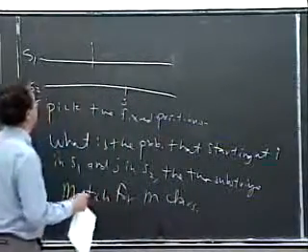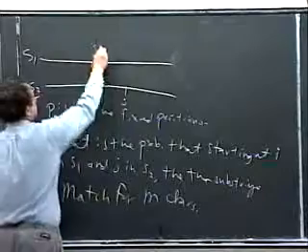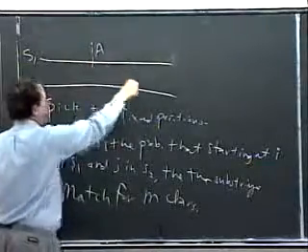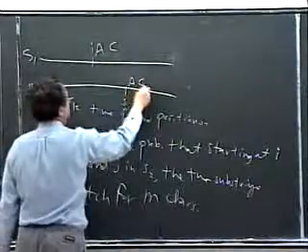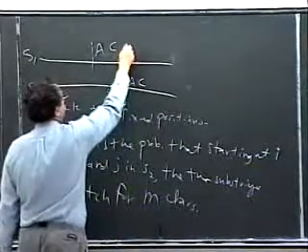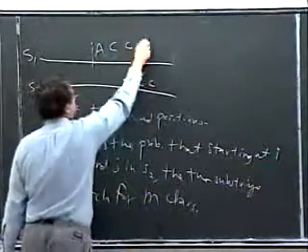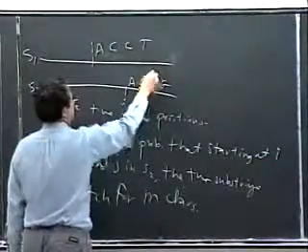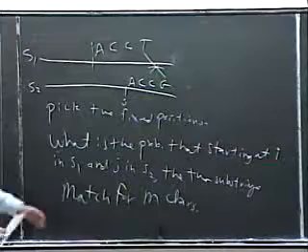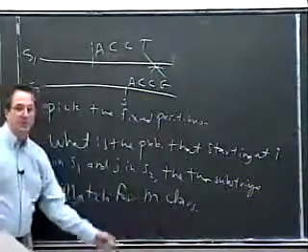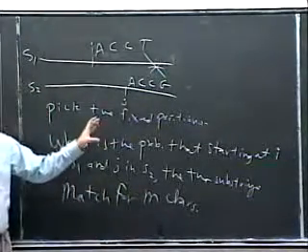Okay? So let's say here we have an A. They match. And there's another one. Another one matches. TG. Mismatch. But as a function of m, what's the probability that they match for m at least?